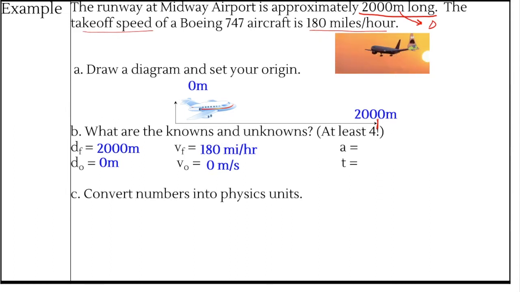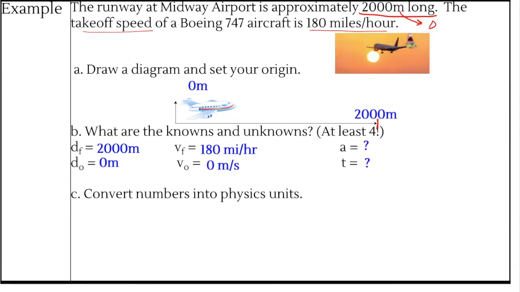Acceleration and time, I don't see that mentioned anywhere in the problem. So we're going to go ahead and put those as question marks because we are unsure what they are at the moment. And this works out because anytime that we're solving a kinematic type problem, we need at least 4 variables. So we should always know at least 4 of these. If you're ever stuck and maybe you've only labeled 3 and you're missing the 4th one, think about where is it starting?